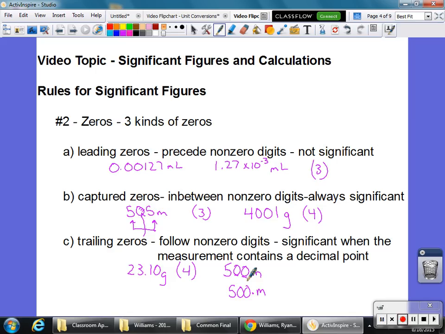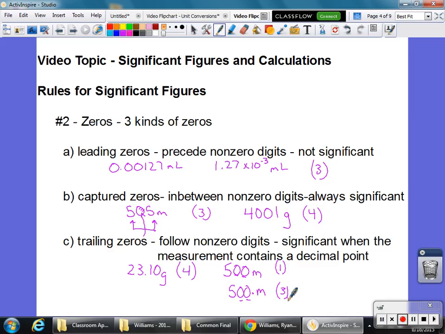For example, from my classroom to the stadium, it's about 500 meters. And so there's only really one significant figure in that measurement, because I'm plus or minus 100 meters in that estimation. The second one, though, the 500 with the decimal point, both of these zeros then become significant, and there are 3 significant figures because that decimal point indicates that it was measured.